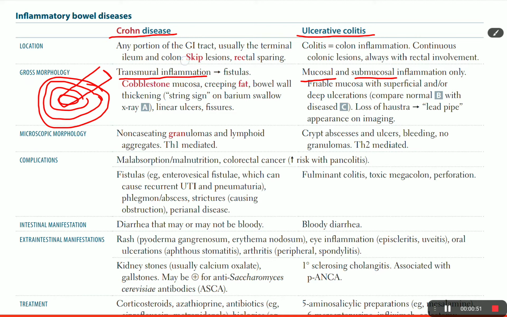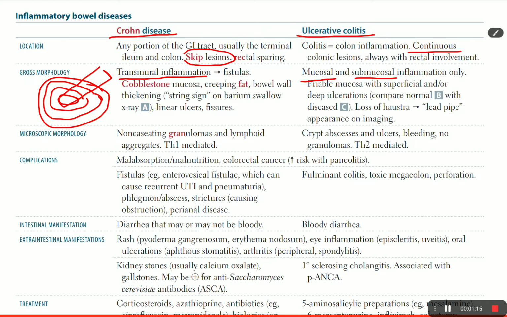Also, we call Crohn's disease a skip lesion, which means that there is an affected area and a normal area just next to it. But ulcerative colitis is a continuous disease. That means the infection goes all the way down the GIT.